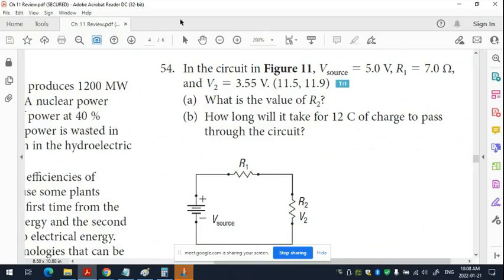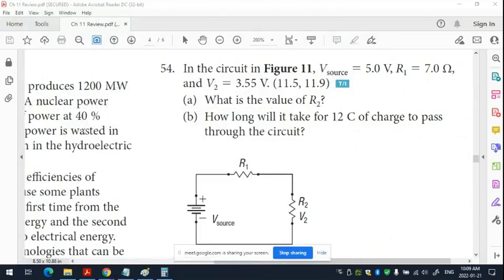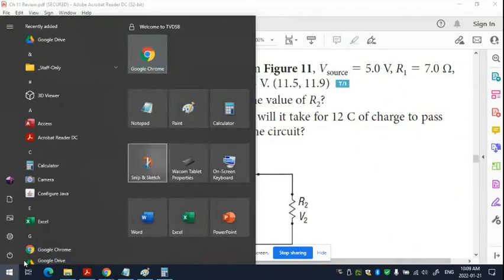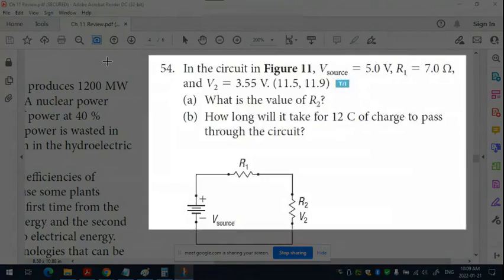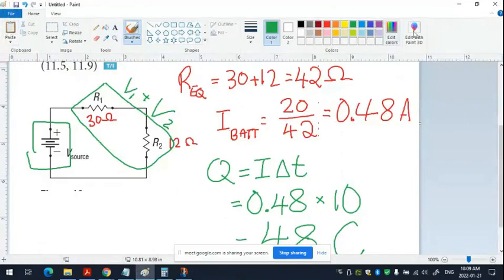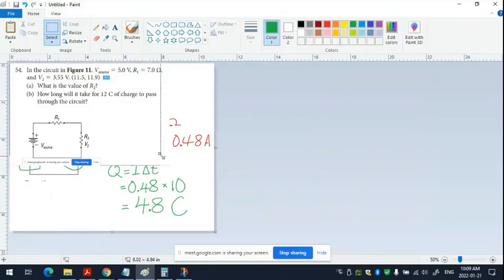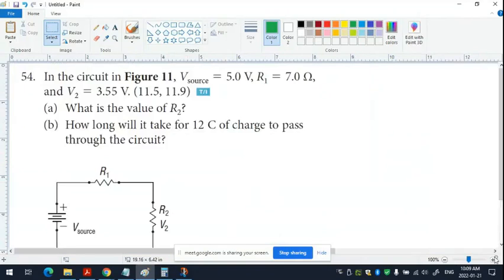Okay, V source is 5. V2 is 3.55. R1 is 7.